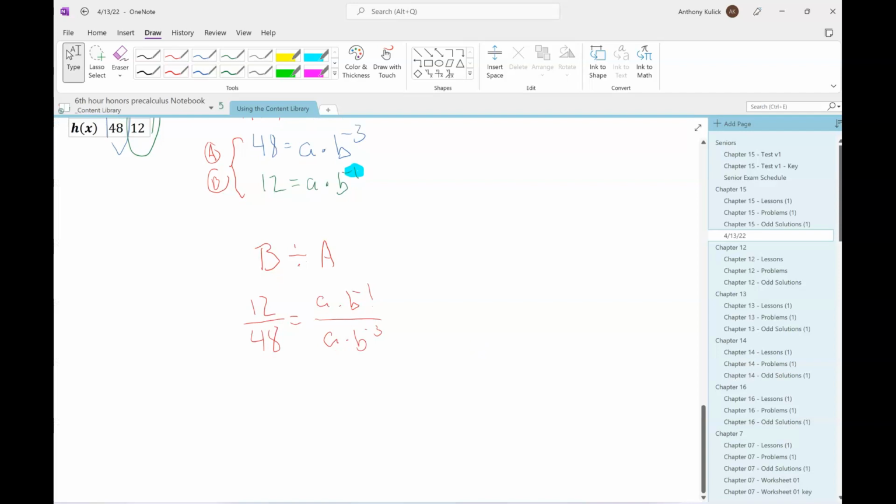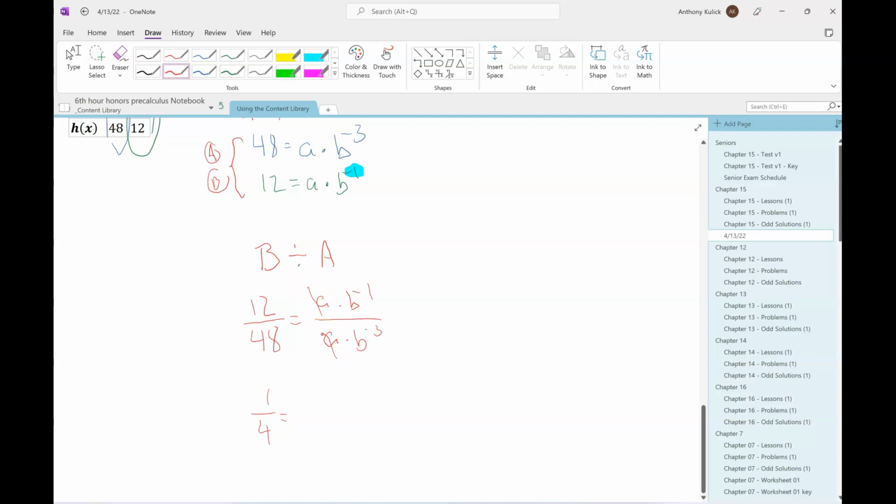So when I divide the left-hand sides, I have 12 divided by 48. When we divide the right-hand sides, I have a times b to the -1 over a times b to the -3. Well, 12 divided by 48 is just 1/4. The a's are going to cancel.